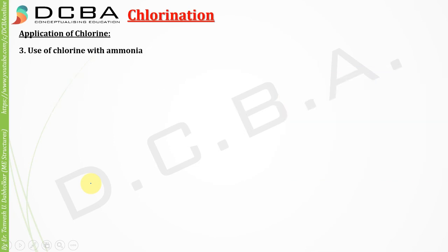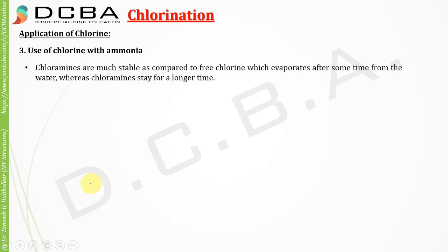The third is use of chlorine with ammonia. Chloramines, as we already learned, form when chlorine reacts with ammonia, and chloramines are much more stable as compared to free chlorine, because we also learned that free chlorine is for short term effect and chloramines are for the long term effect, right? Free chlorine evaporates after some time from the water, whereas chloramines stay for longer.